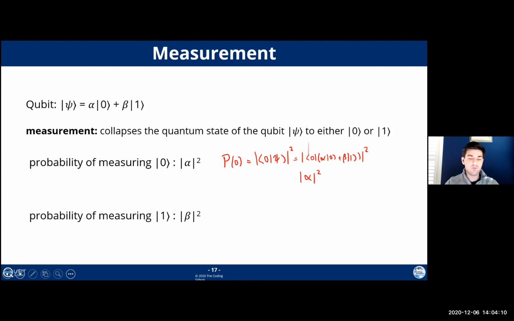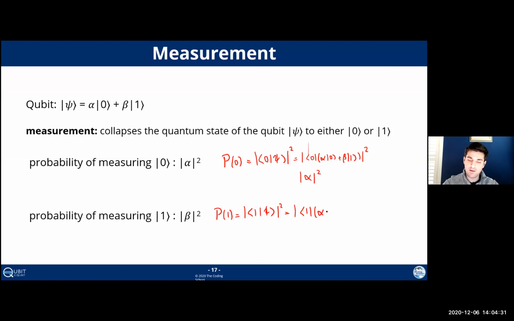And similarly for the probability of measuring a 1, the probability of getting a 1 is just going to be the amplitude squared of the overlap between 1 and psi. Same idea, so instead of 0, of course, I'm going to have a 1.